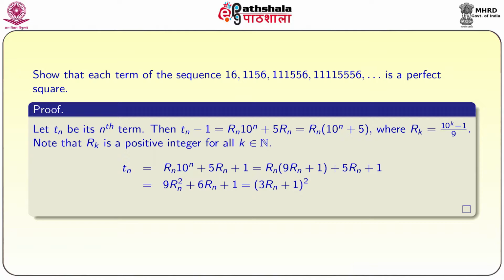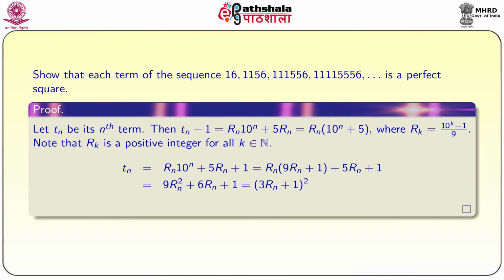If you evaluate R k, you will get all ones, k times. This is called a repunit, a repeated unit. All the digits in that number are ones. Note that R k is a positive integer as well as all digits are 1. So, this is the same as the numbers which we used in the previous example.